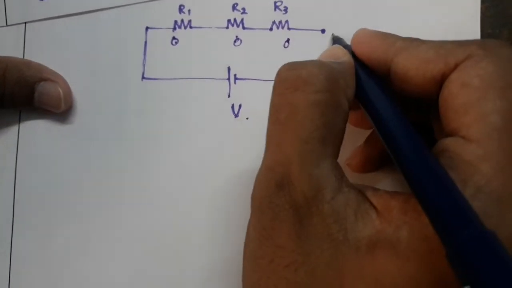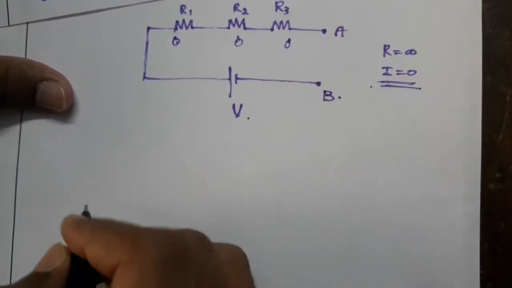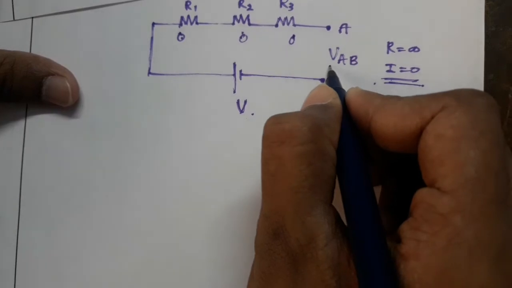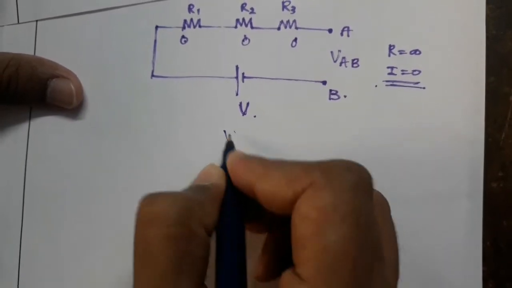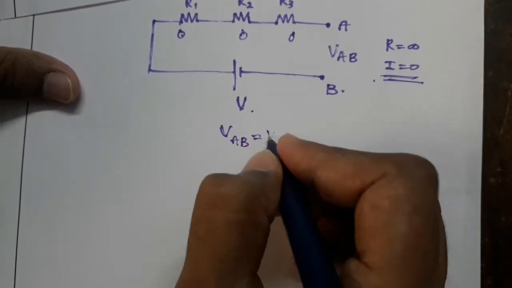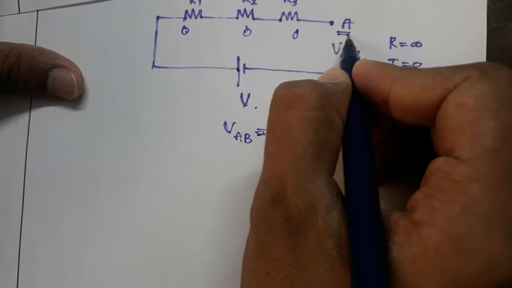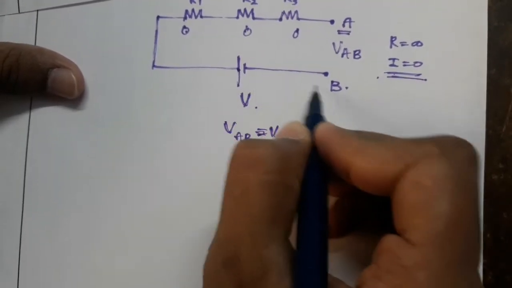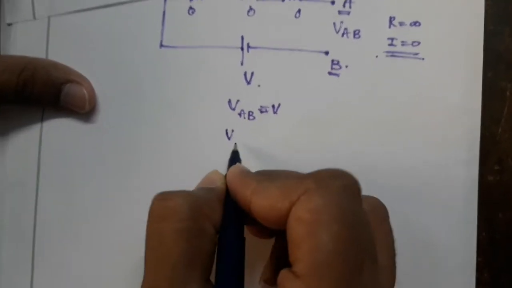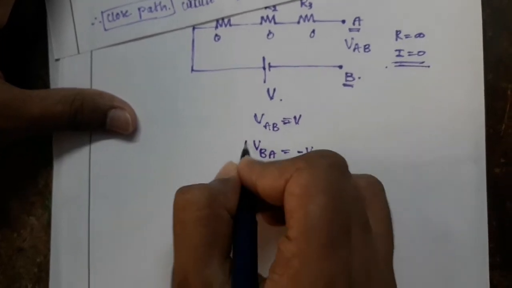Therefore, if I take this as terminal A and if I take this as terminal B, then voltage across AB terminals will be equivalent to VAB, that is equal to V, because positive terminal is at A and negative terminal it is B. If I want to find VBA, then it will be negative V.